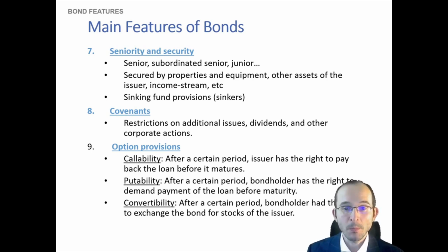So if it looks like the company that has issued a bond with a putability provision runs into some difficulties, then the creditor, the investor that bought this bond, can exercise the putability option and demand their principal back right now, which, if they do promptly enough, may actually save them from losing the principal if the company is about to go bankrupt, because then they jump to the head of the queue ahead of anybody else making a claim. They get their money back first, and only then does the company potentially later enter bankruptcy proceedings.